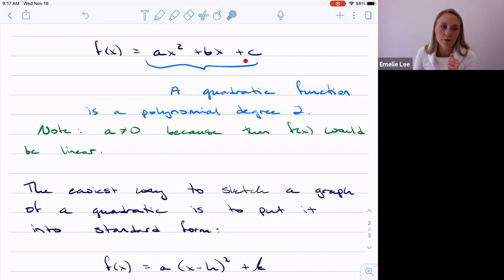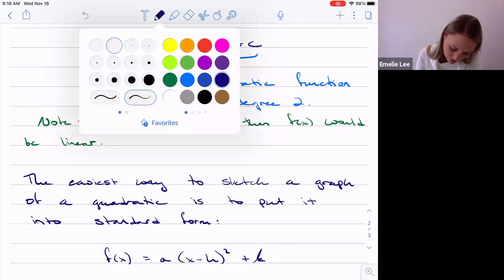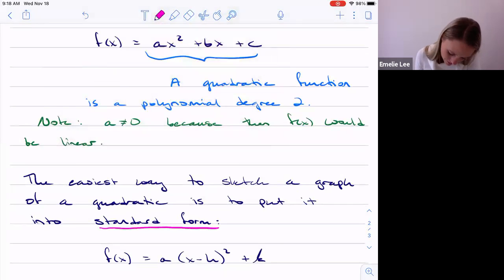I think this is the general form and this is the standard form. It doesn't matter, as long as you remember that the one at the bottom is the standard form. I'll underline that here.